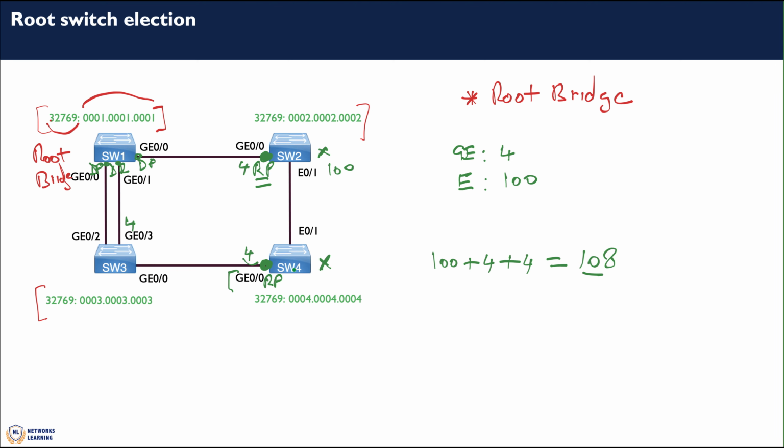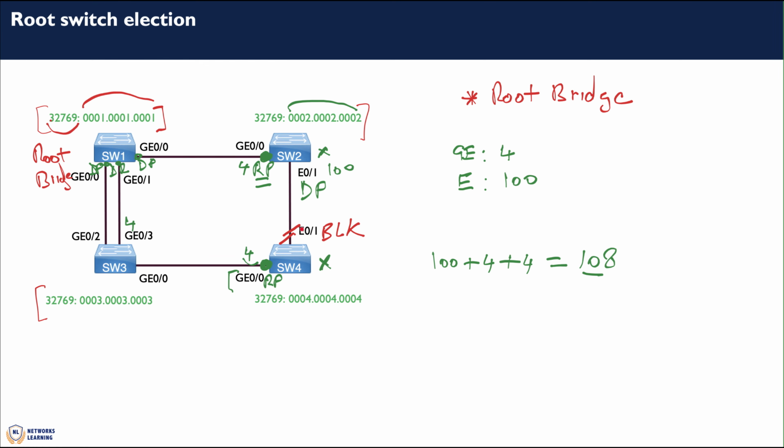Comparing switch 2 and switch 4, switch 2 has the lowest MAC address, which means that switch 4 receives a better or superior BPDU from switch 2. In this case, Ethernet 01 on switch 2 will become the designated port. Ethernet 01 on switch 4 goes into blocking state.